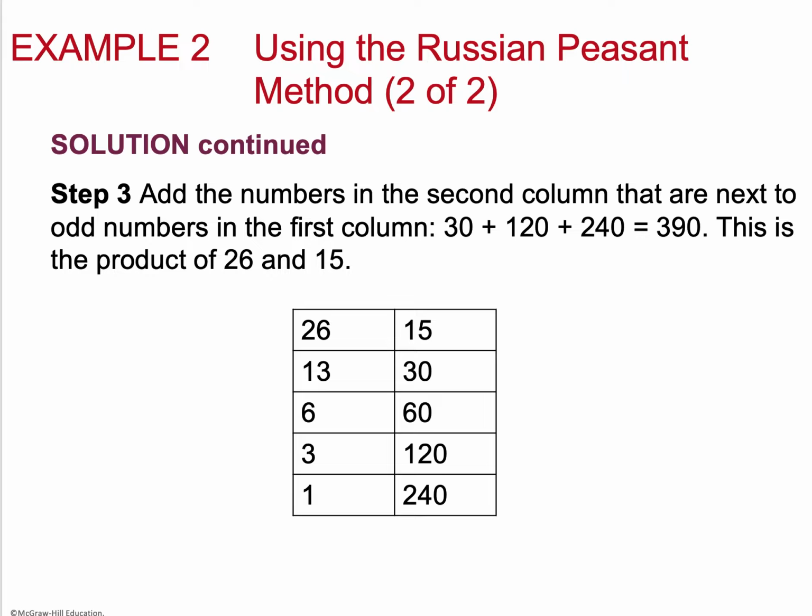So from there, I'm going to add the numbers in the second column that are next to the odd numbers in the first column. So that would be my 13, my 3, and my 1. When I add those numbers up together, I actually get the product of 26 and 15.